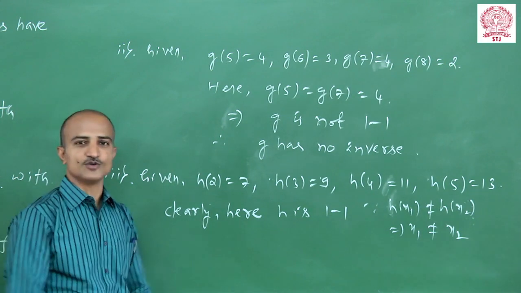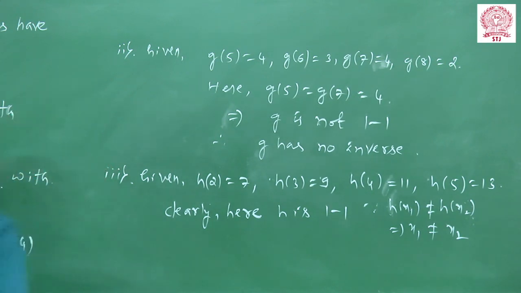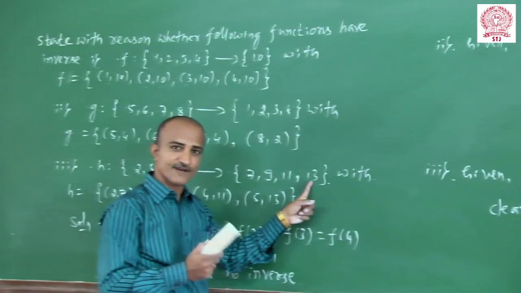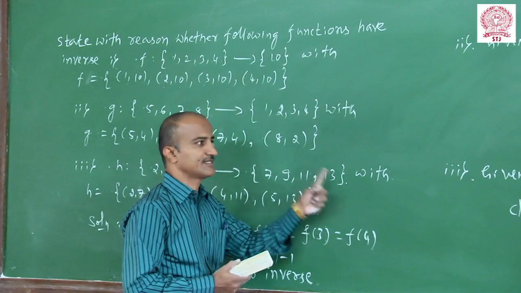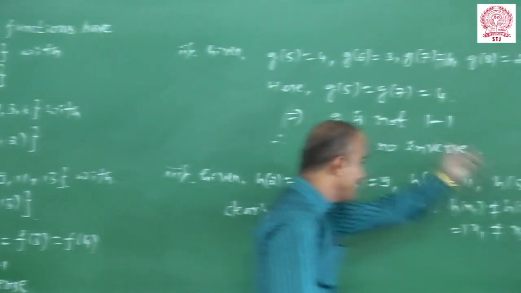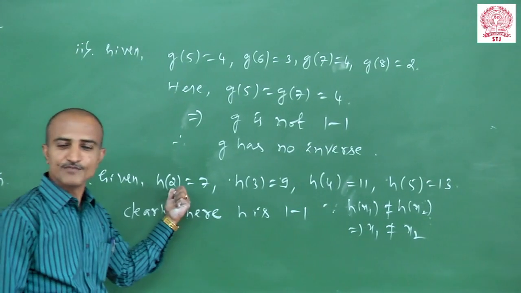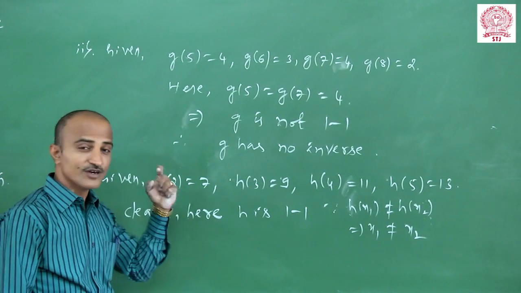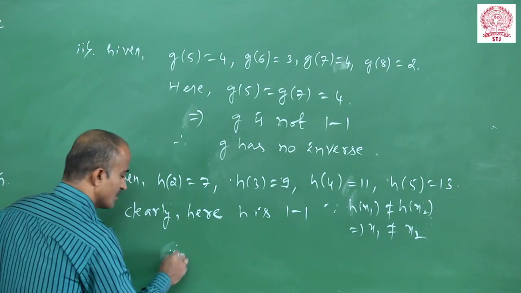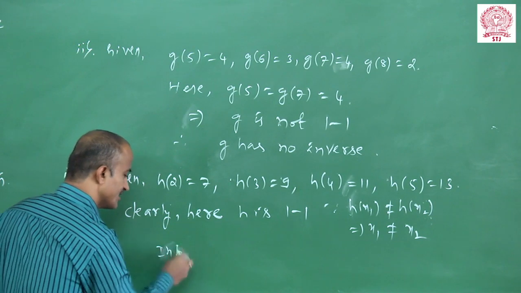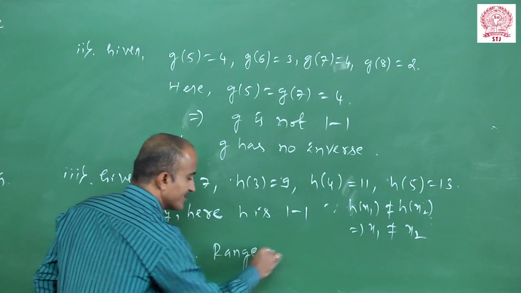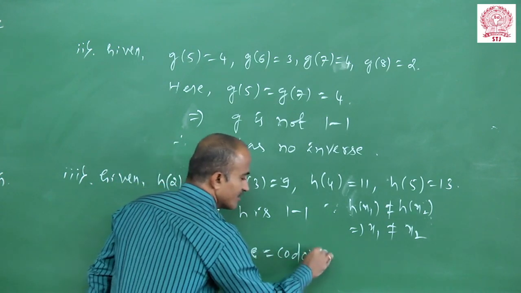Now, check the onto. Clearly, all the elements of the codomain, 7, 9, 11, 13, are having pre-images. Therefore, the range is equal to the codomain. In h, range equals codomain.